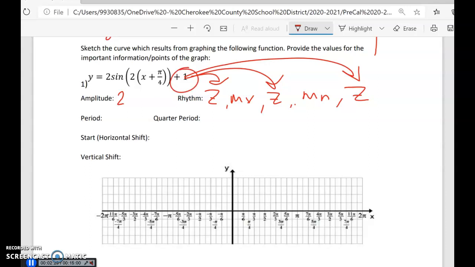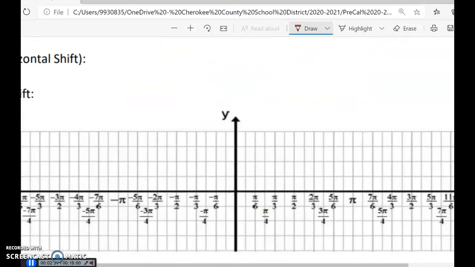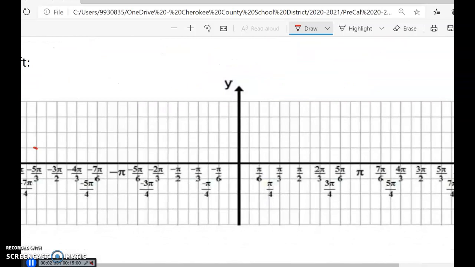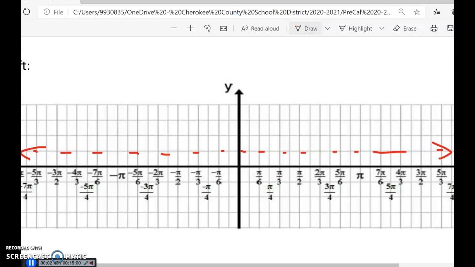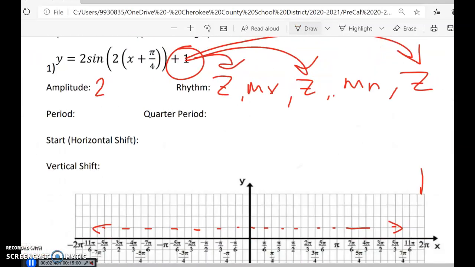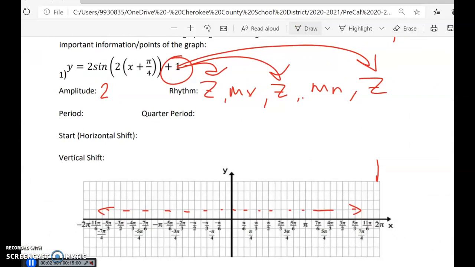Okay, as soon as I know where my midline is, I like to draw a dashed line to represent it. Like I said, normally it's our x-axis, but now it's all shifted up. So the period now is 2 pi divided by the frequency, so that's going to be pi.